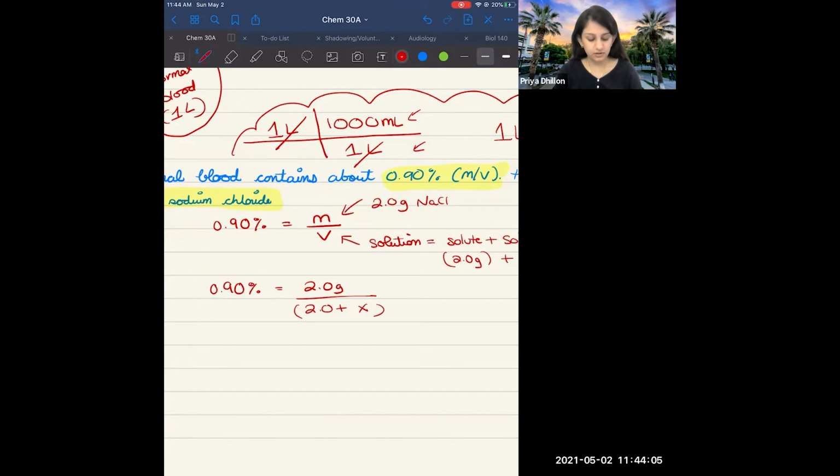Wait, let me look at the solution that I did last night. Yes, the answer is close. Can you put it into two sig figs, because in our question we have two sig figs for both of the numbers. So what would it be in proper sig figs?